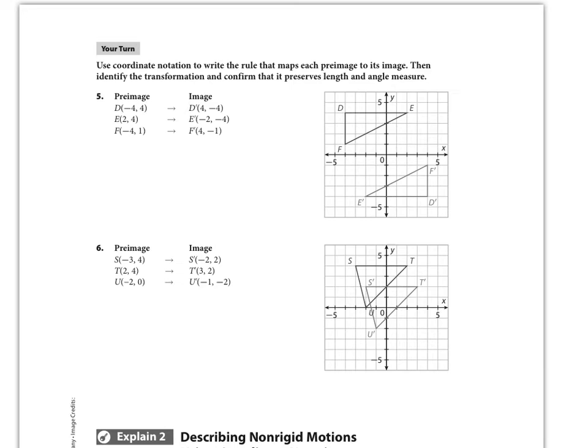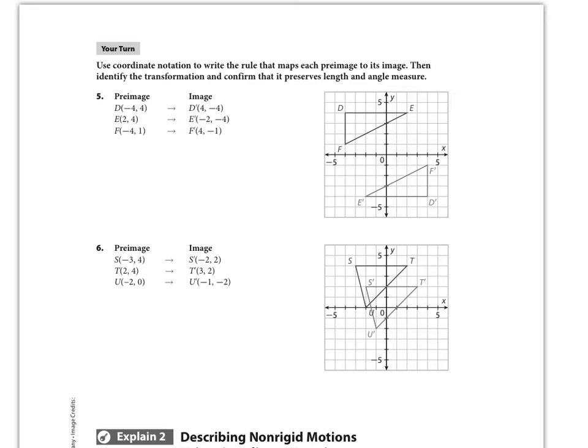So what we'll want to do is figure out how -4, 4 becomes 4, -4. And in part E, if you come up with some theory or conjecture as to what's really going on, then see if that works out for 2, 4 and -2, -4.